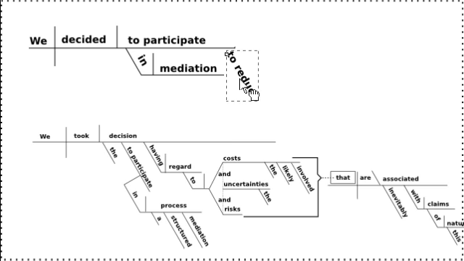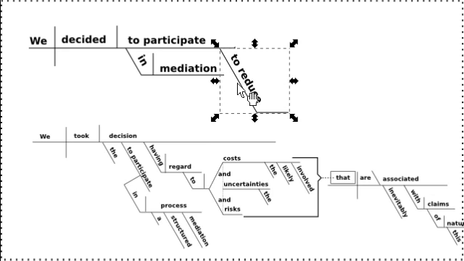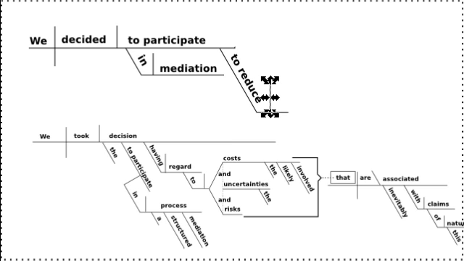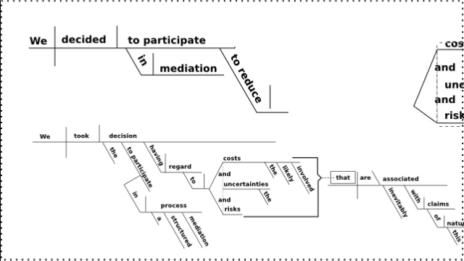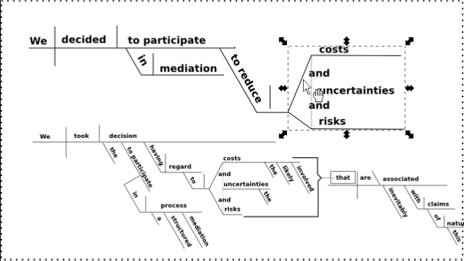And our infinitive, to reduce, goes in just as if it were a preposition. Remember, we ran into infinitives and participial phrases before, and you do them just like a prepositional phrase. So, no surprise that what we end up with is something that looks quite a bit like the prepositional phrase we had in the original sentence.